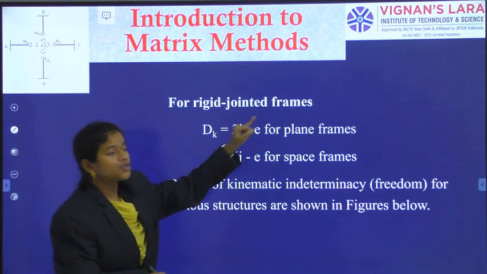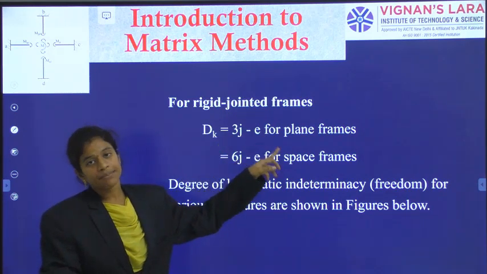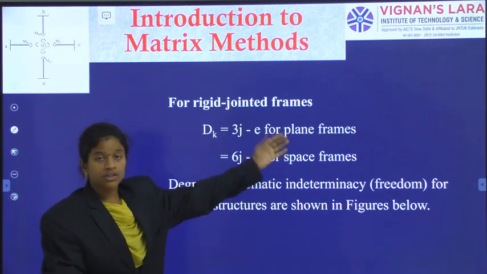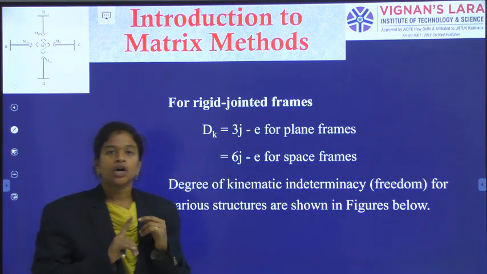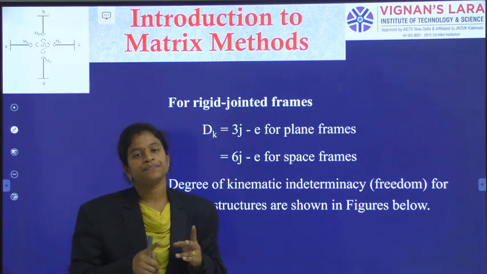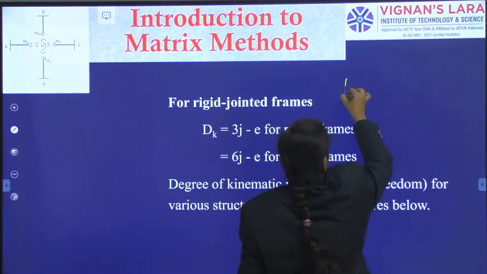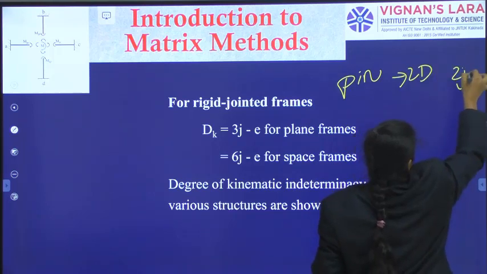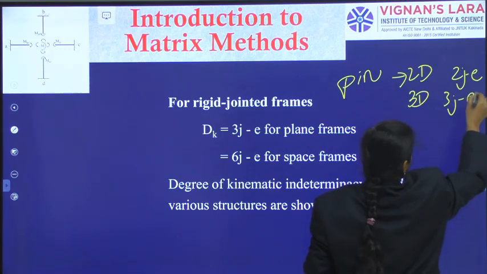Now, for the rigid jointed frames, the degree of kinematic indeterminacy is 3j minus e for 2-dimensional or plane frames, and for space frames it is 6j minus e. Pin jointed 2D, 2j minus e. Pin jointed 3D, 3j minus e.